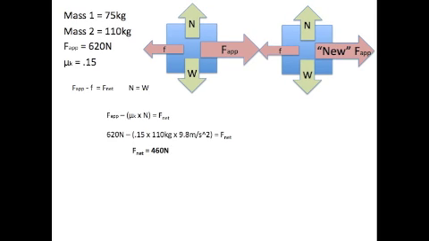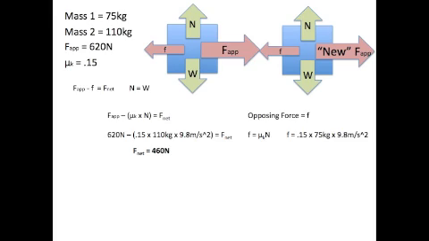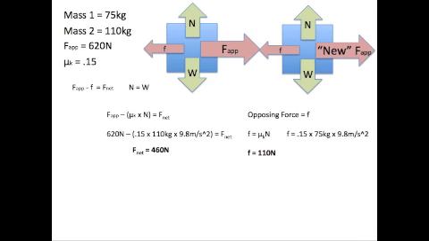Now that is the force that the 110 kilogram box is exerting onto the 75 kilogram box. We already have figured out that the force opposing the 110 kilogram box is the force of friction. So 0.15 times 75 kilograms, not 110 kilograms like last time because the boxes have switched, times 9.8 meters per second squared, is equal to 110 newtons.